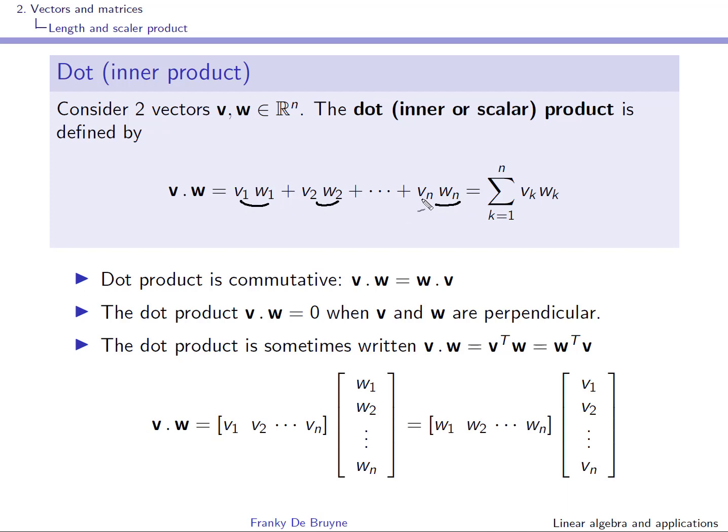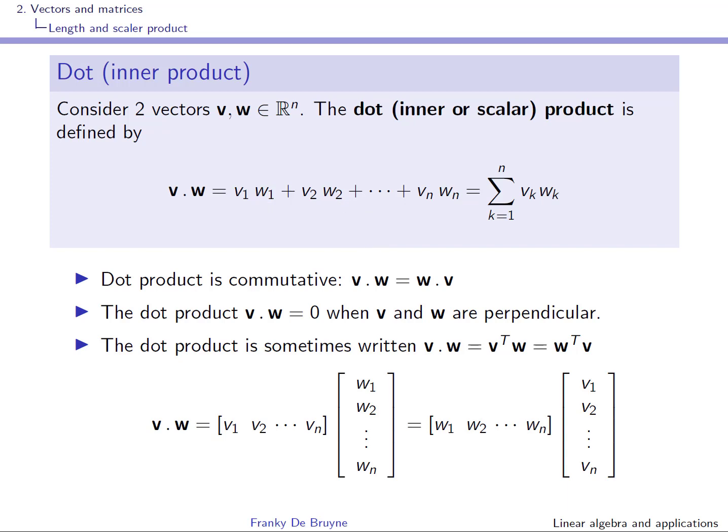So plus plus plus, and indeed you obtain here a scalar. This is why it's called the scalar product. You know that there is also a vector product that will produce a vector.